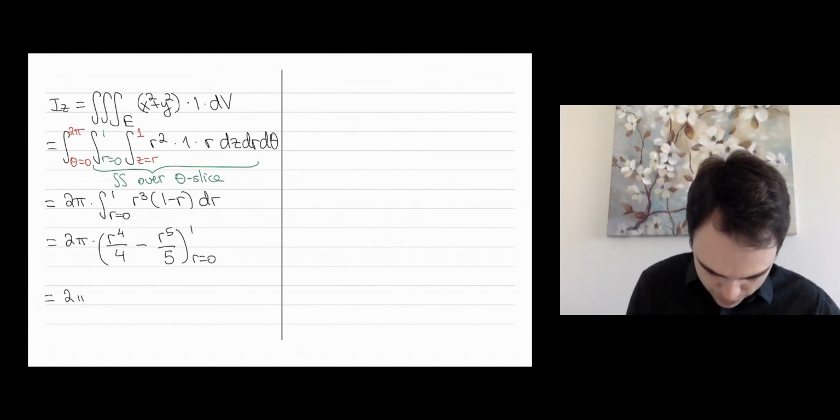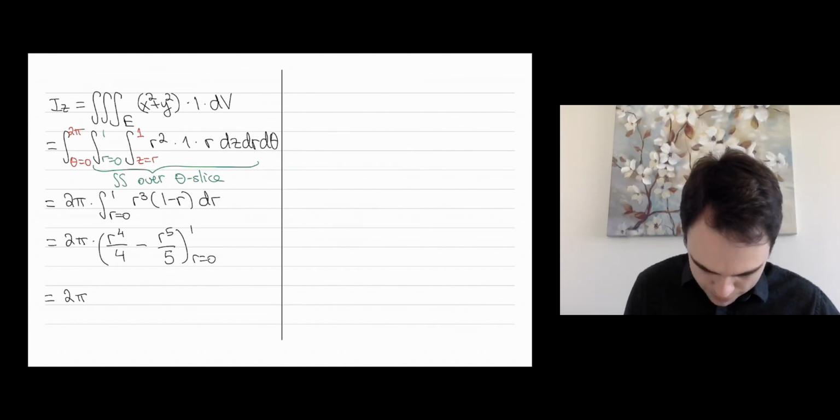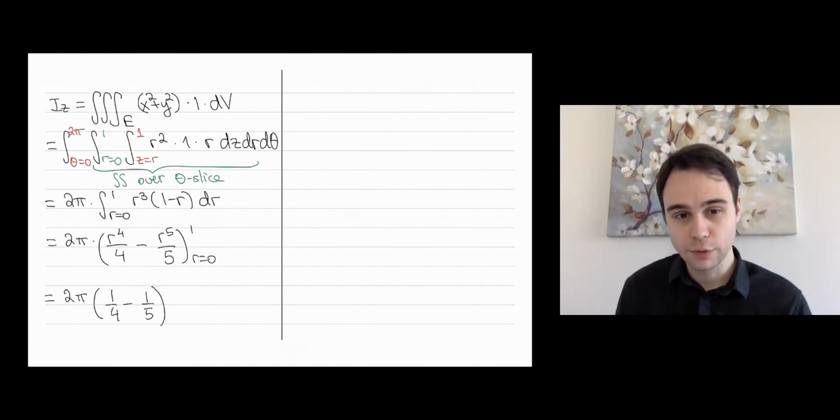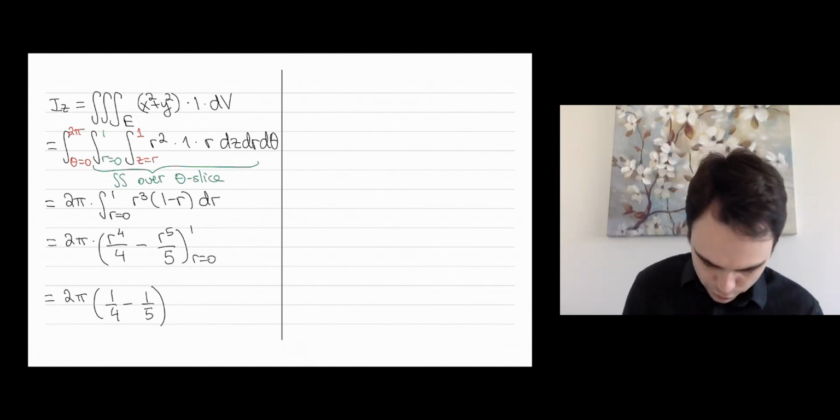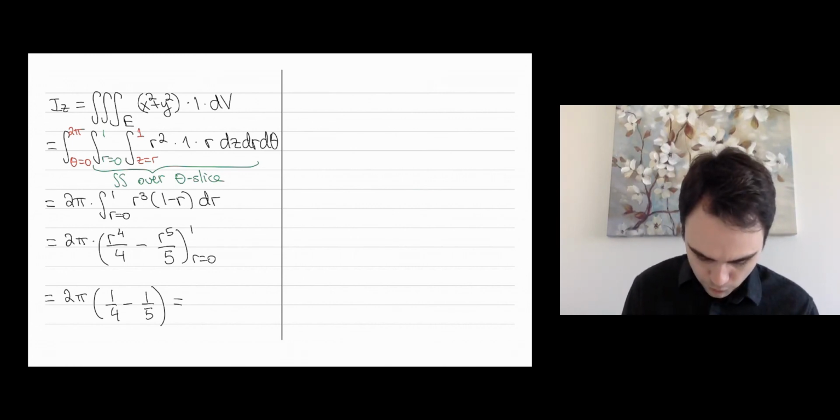That's 2 pi times 1/4 minus 1/5. That's 5 over 20 minus 4 over 20, which is 1 over 20. So 2 times 1 over 20 is pi over 10.